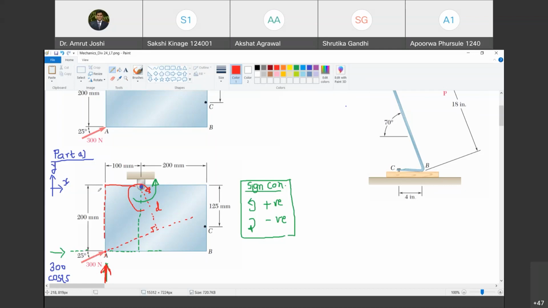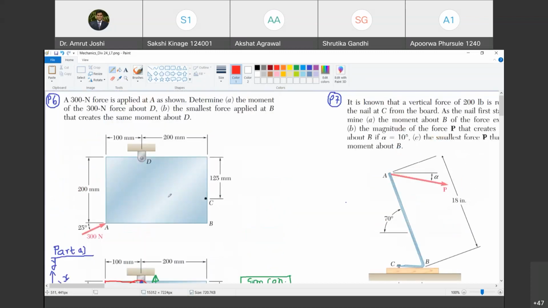Are you with me? Yes, sir. That's why I said that instead of taking the moment of the 300 Newton force at D directly, we resolve it into two components, take their moments easily, and add them up with sign, and we get the moment of the 300 Newton force. Are you with me? Yes, sir.